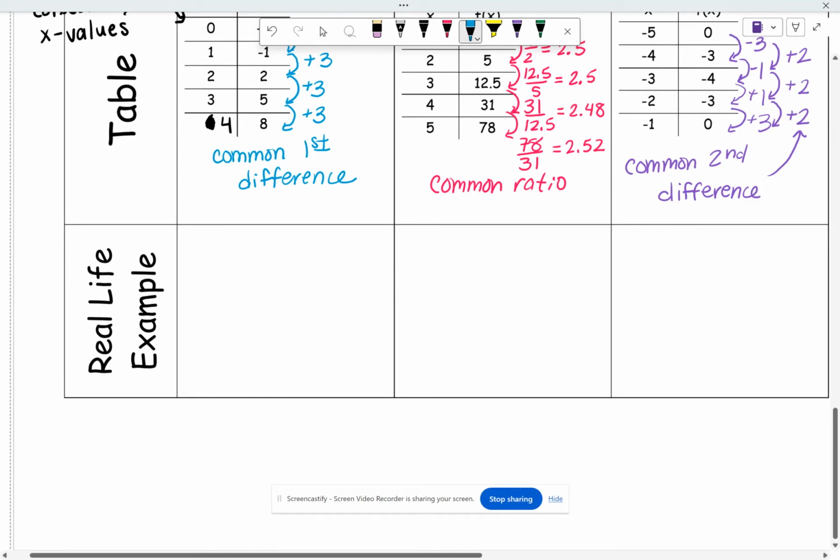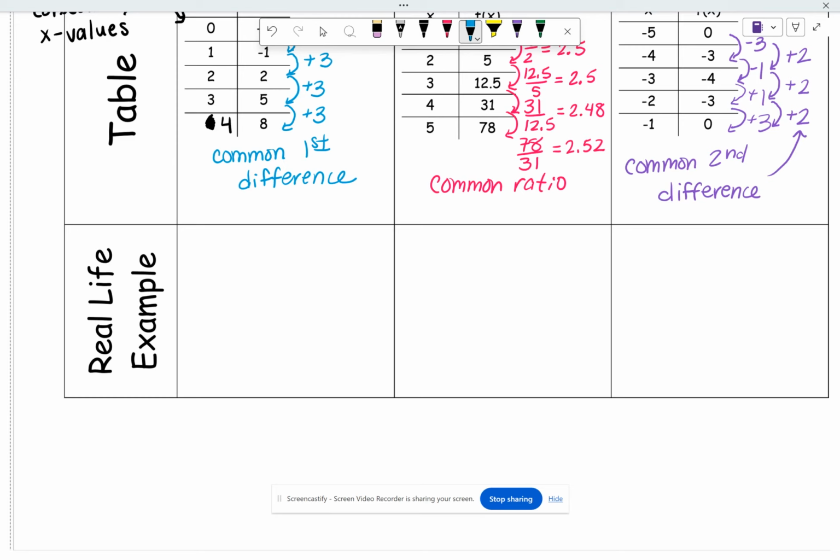All right, and then real life, let's talk about where these actually show up. Linear works really well in theory. A lot of these work really well in theory, right? It's kind of the perfect scenario.